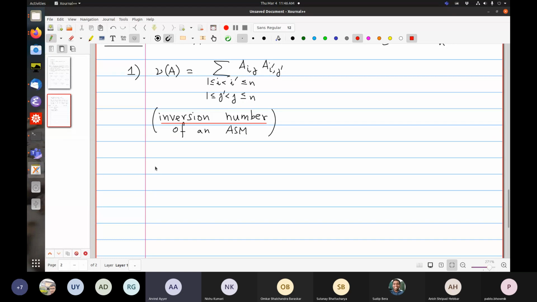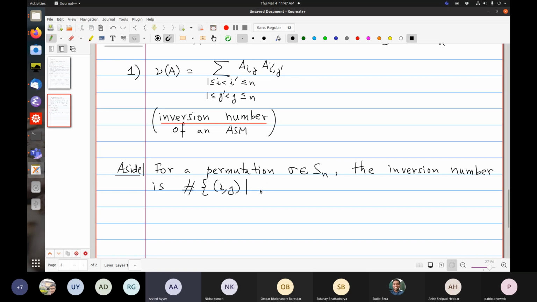So, as an aside, for a permutation sigma in S_n, the inversion number is the number of pairs ij contained in n squared such that i is less than j and sigma i is greater than sigma j. So it's out of order terms.